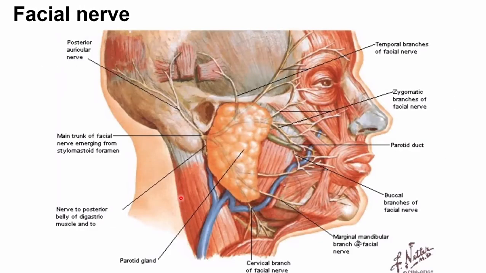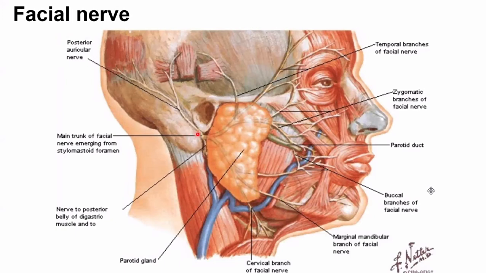Give you an idea also. Again, once lumabas ito from the stylomastoid foramen, there's a branch, no? There's a posterior auricular, it supplies your occipital. And there's also a branch that supplies your digastric muscle and the stylohyoid muscle. There's a small branch that goes to your stapedius.